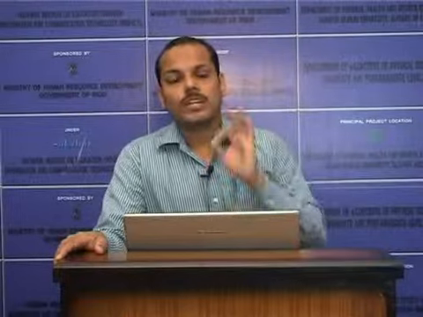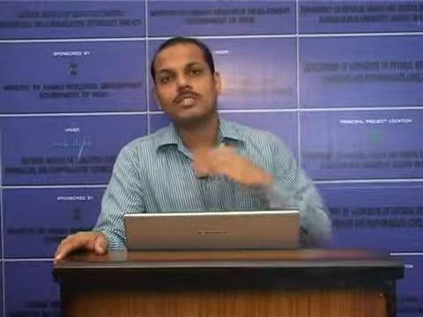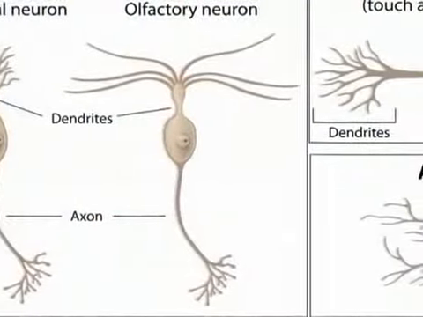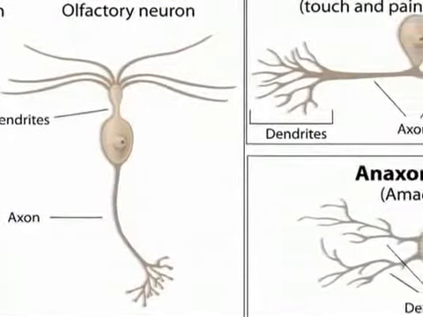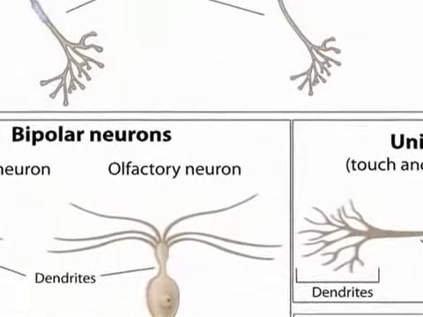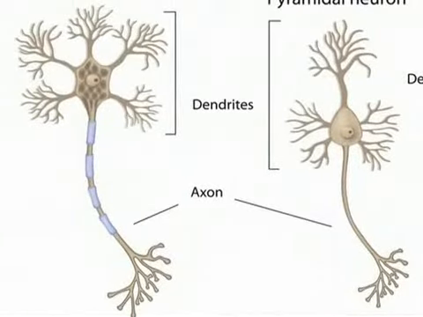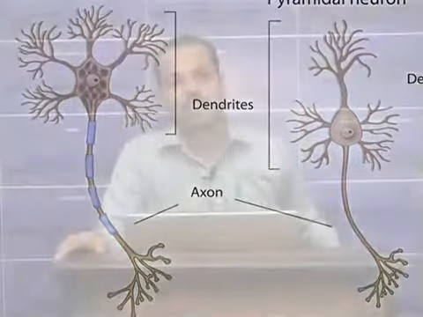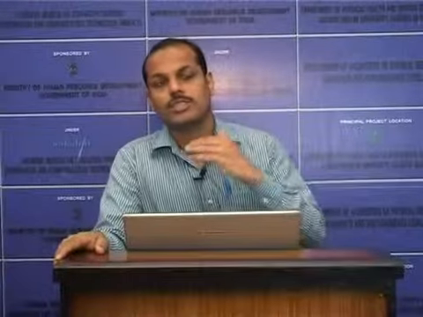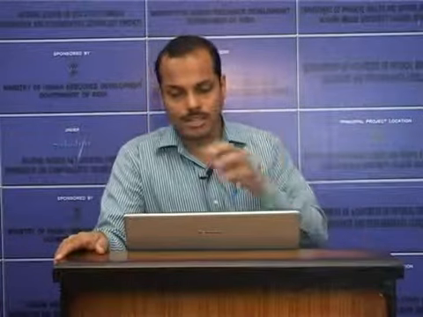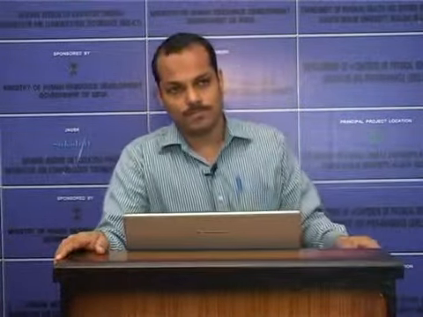Like we discussed about the nerves, there are different types of neurons. They are classified mainly based on the location and direction in which the neuron conducts impulses. There are mainly 3 types of neurons. The first one is the sensory neuron. Sensory neurons carry impulses to the central nervous system.